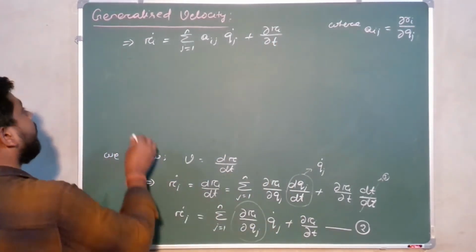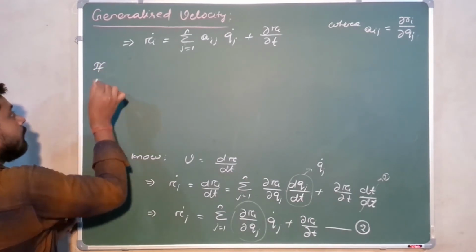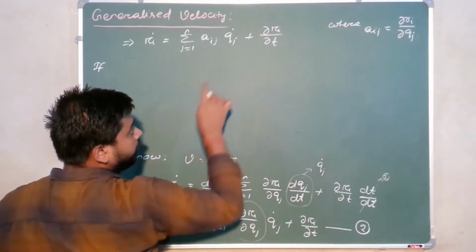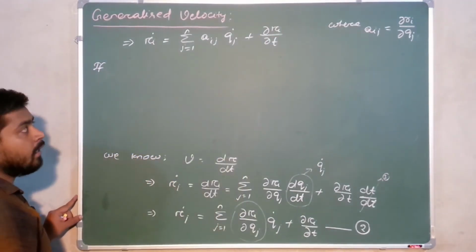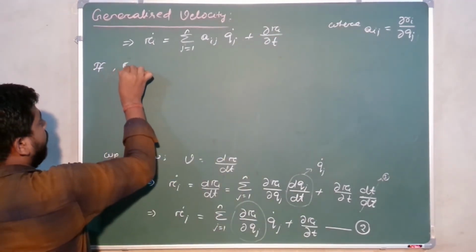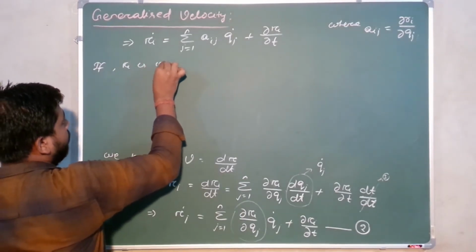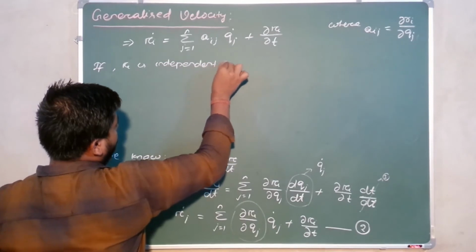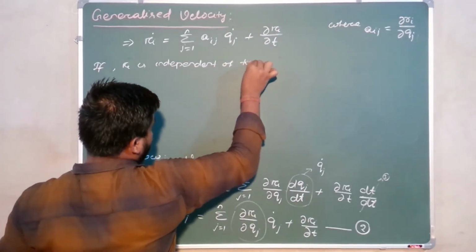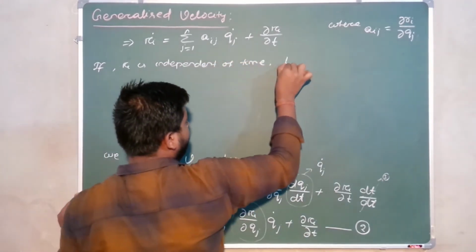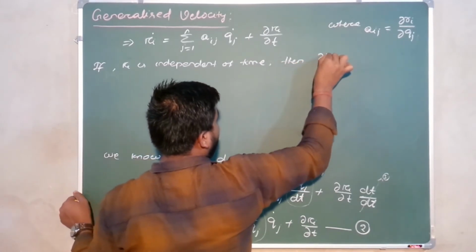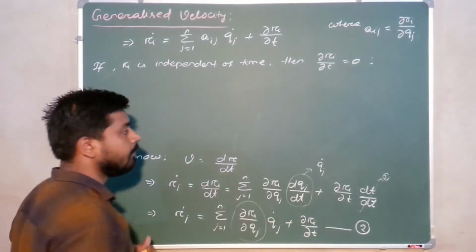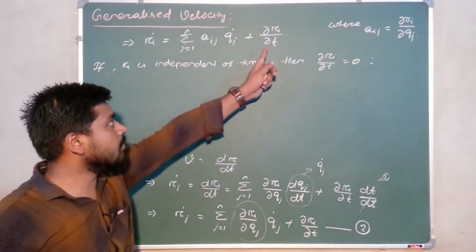If the position coordinate Ri is independent of time, then dou Ri by dou t becomes 0. This term becomes 0.